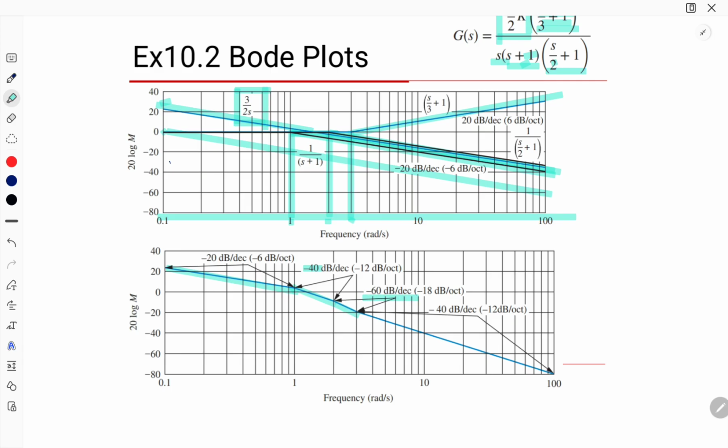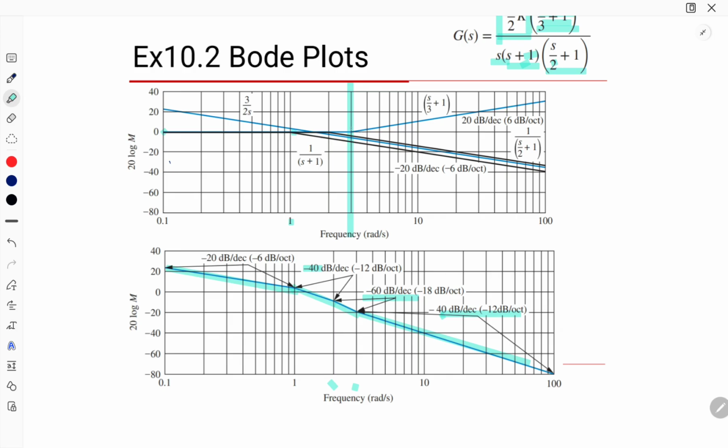It's 60 dB down, until the 3 where the 0 is introduced. It's going back to minus 40 dB per decade.